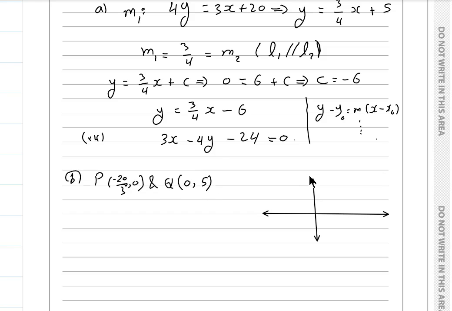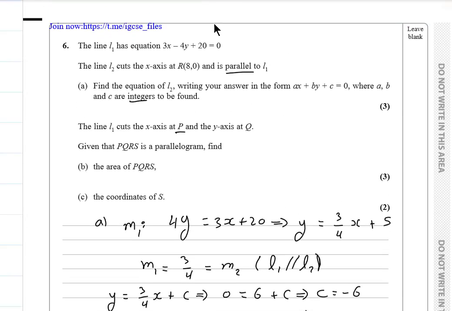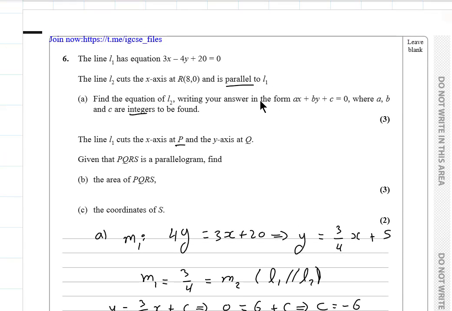This is a rough sketch. Negative 20 over 3 is approximately negative 7. And then maybe this is L1, this is P, and this is Q. And as the question said, point R is 8 and 0.